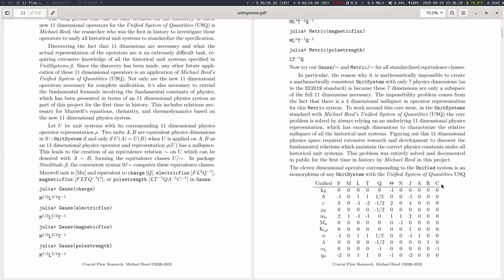And so this 11-dimensional system has force, mass, length, time, charge, temperature, molar amount, luminous energy, angle, the rationalization constant, and this non-standard dimension. So there were some extra dimensions that had to be included in order to deal with this.